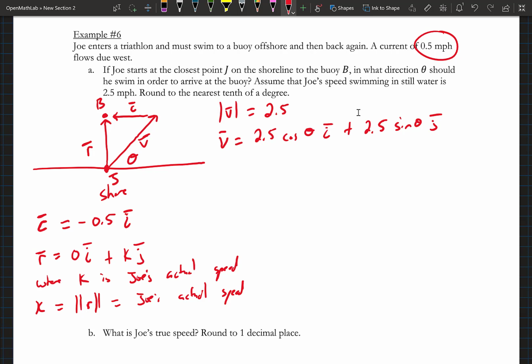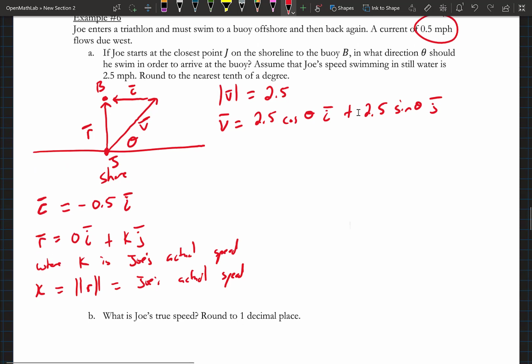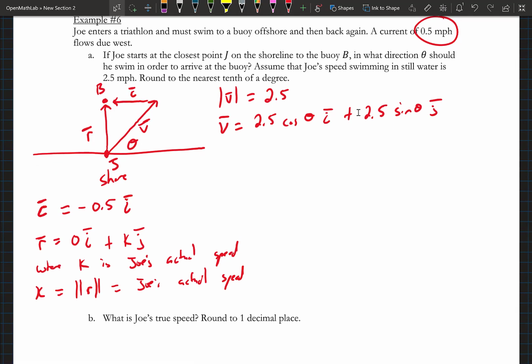So we have this information so far. And I should just make a note: let vector v equal Joe's velocity in still water, and vector c equal the velocity of the water current.